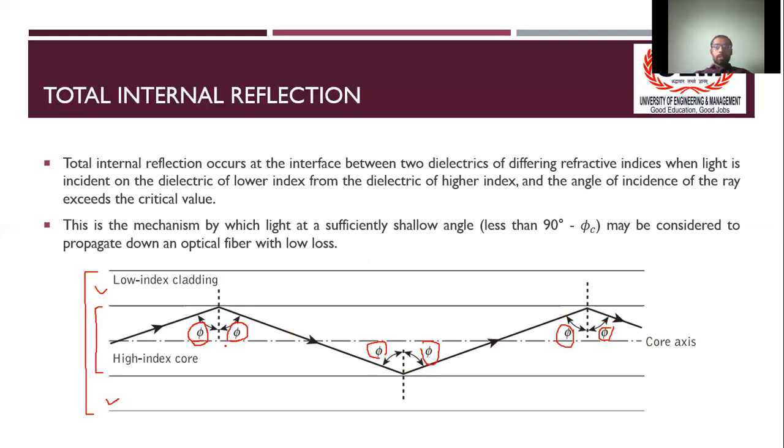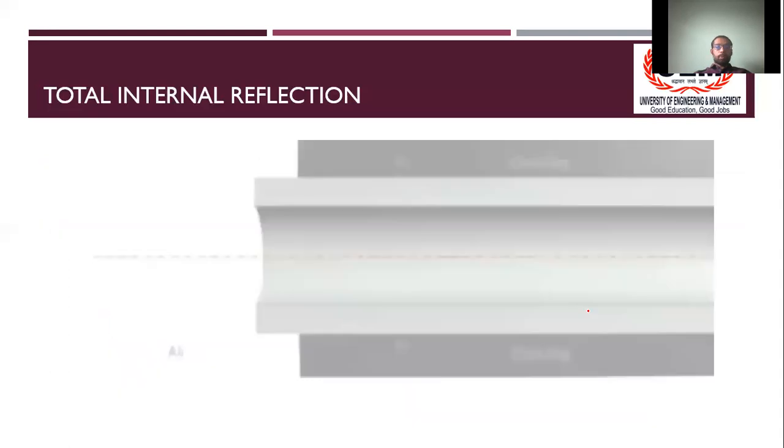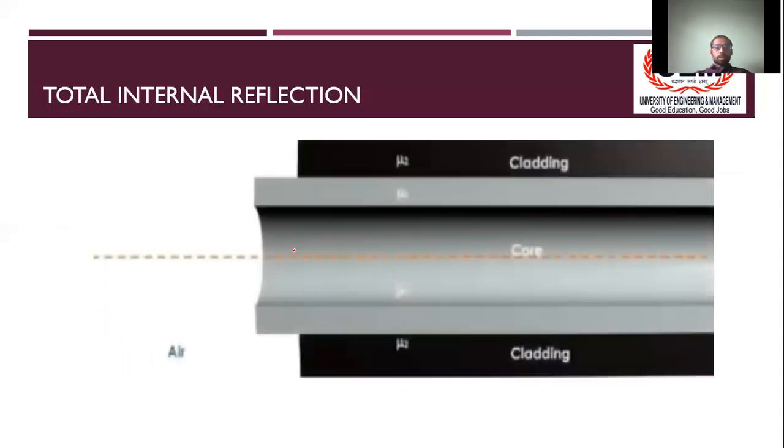So this is how, using the ray transmission model, we can find that if the light ray maintains the critical angle when it is incident on the fiber optic core, then it will automatically get totally internally reflected and propagate through the fiber optic core. To understand this phenomenon better, we'll see an animation which shows it.